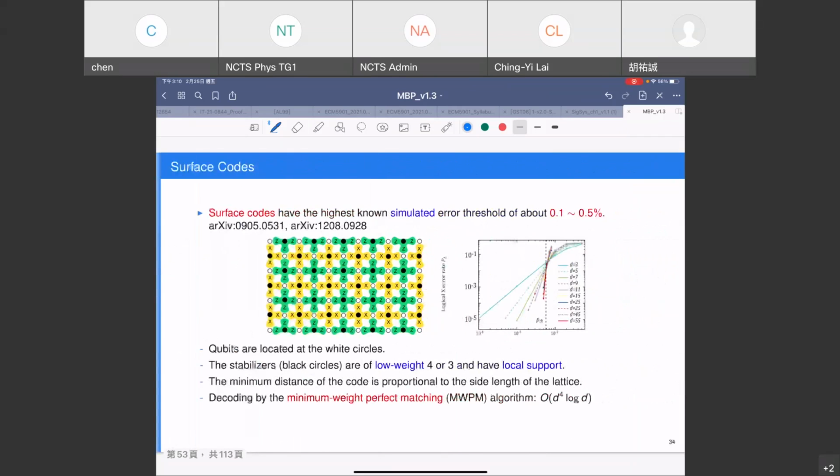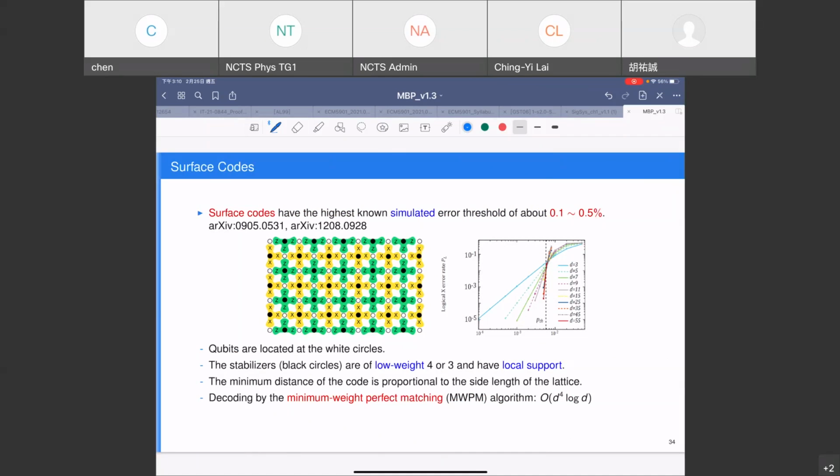Currently, the most important quantum code is the surface code. Here, a white circle is a qubit, a green cross is a Z parity check, and a yellow cross is an X parity check.